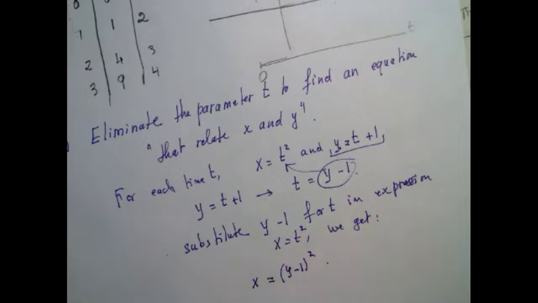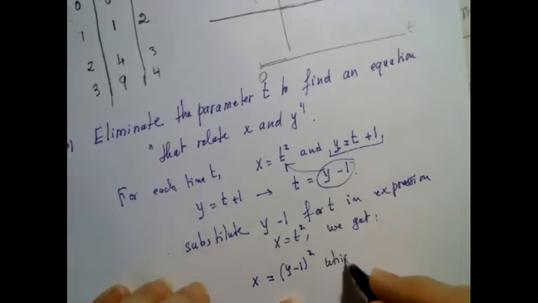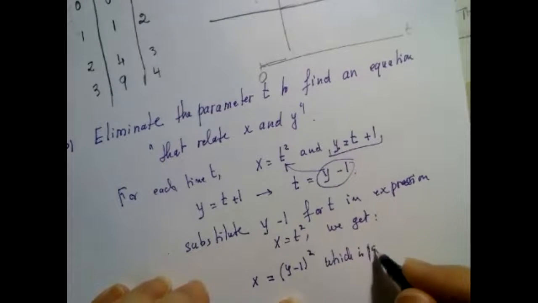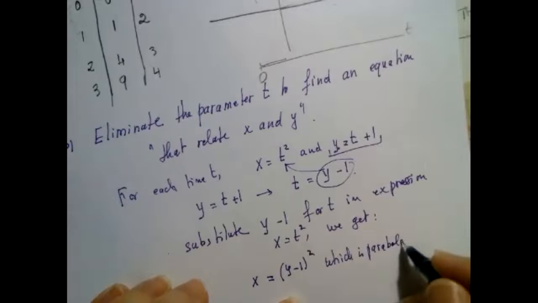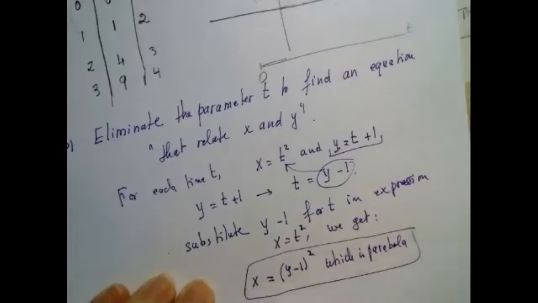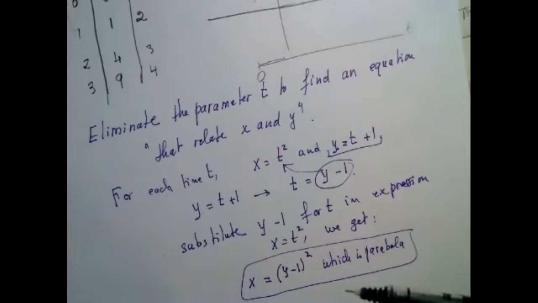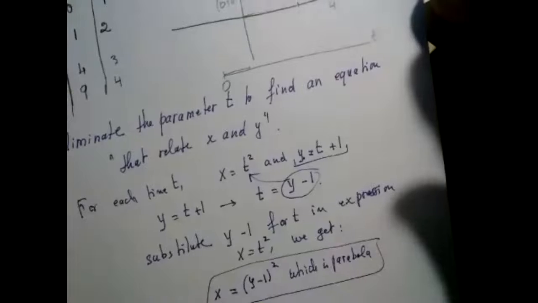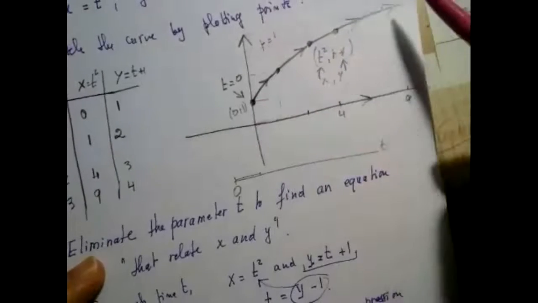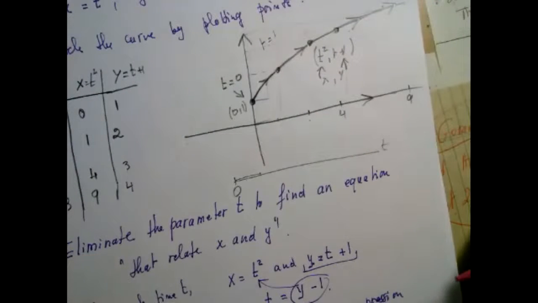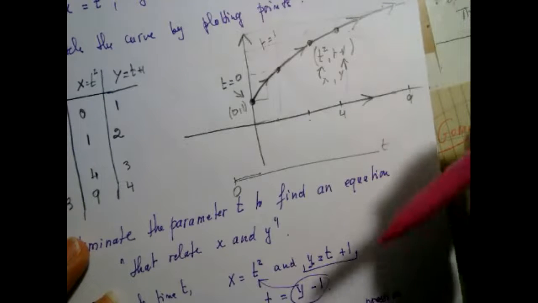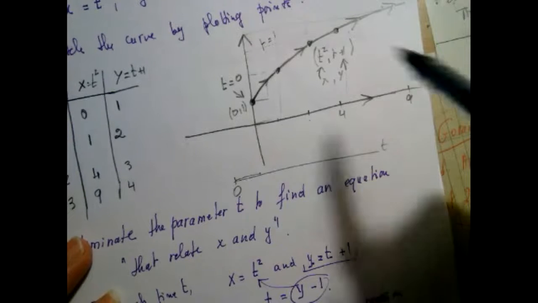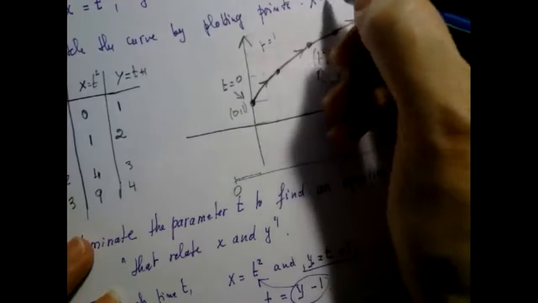Okay. So what does this expression tell me? Which is a parabola. So what does this equation tell me? This equation tells me that this curve right there, the equation of the curve, in terms of x and y, is x equal y minus 1 squared.